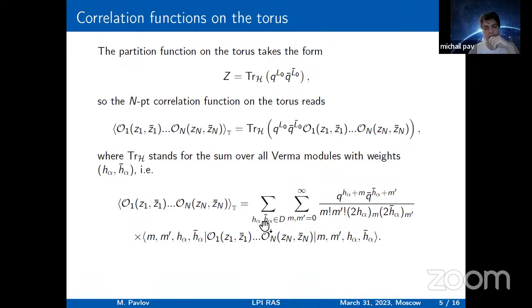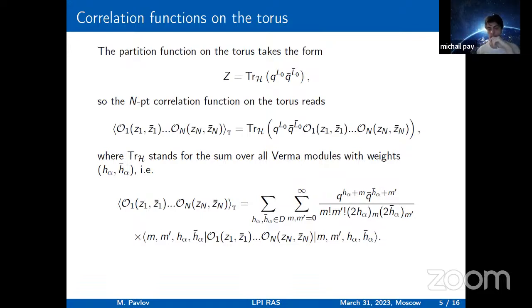So we consider a trace on all primary states, and then in each state, we sum over descendant states, which is given by this second sum. And this is a full formula for the holomorphic and anti-holomorphic sectors. So this is basically the definition of the correlation function on the torus.